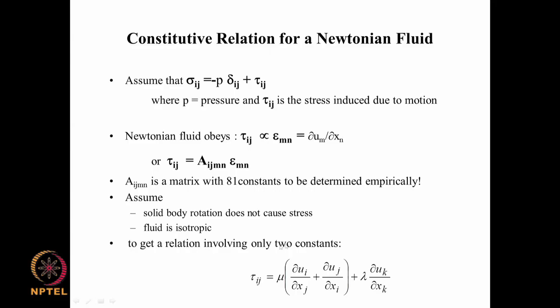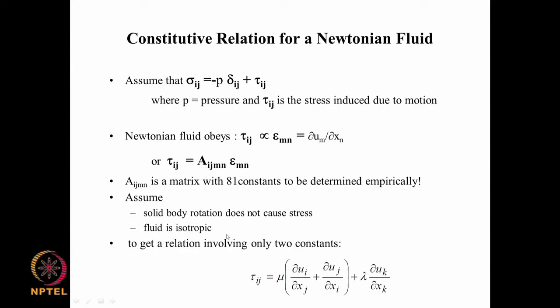By making the assumption that solid body rotation does not cause any stress, it can be said that it is partly an assumption and partly a condition of the existence of linear relation between stress and strain rate. So, it is not possibly an assumption. It is a consequence of the fact that we are seeking a linear relation between stress and strain rates, where stress tensor is symmetric here, that gives rise to this.